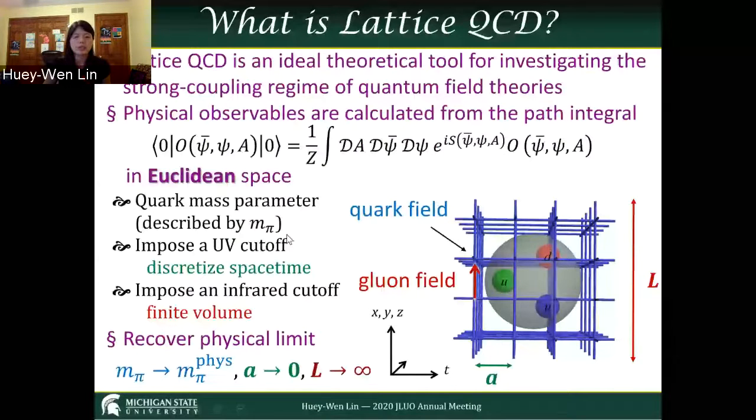Then we have to do something slightly different from the continuum: we impose an ultraviolet cutoff, which gives you the highest energy cutoff of the theory. You can think of this as more like a resolution. You can study a system at different resolutions, and the smaller the lattice spacing, the better.